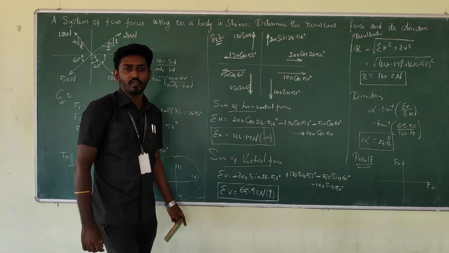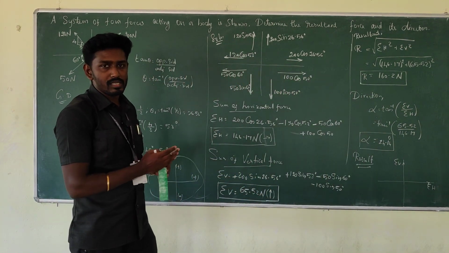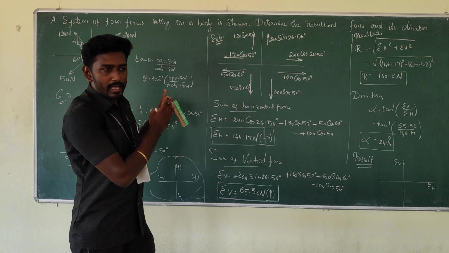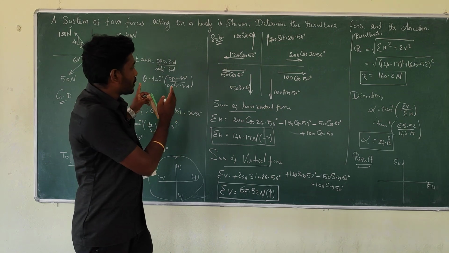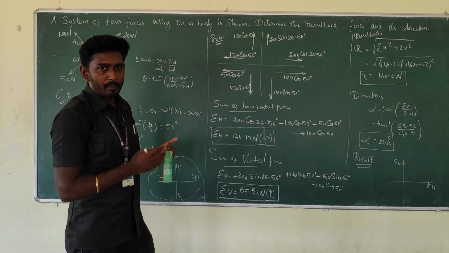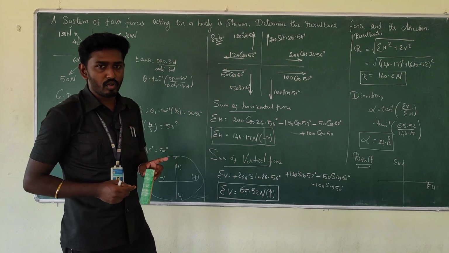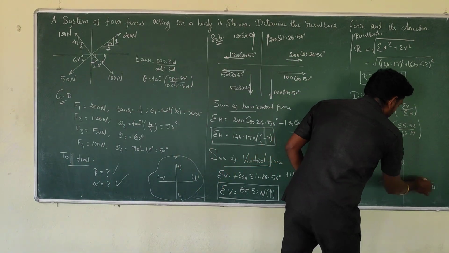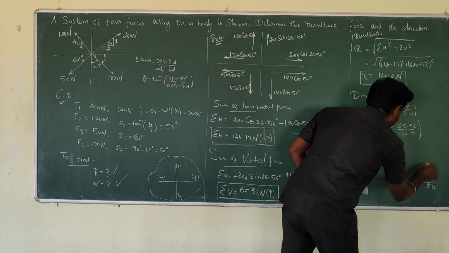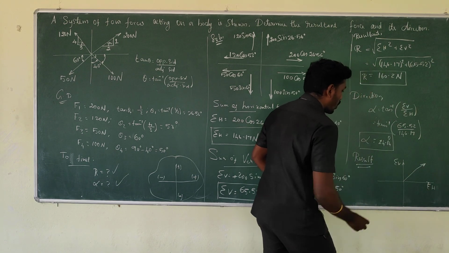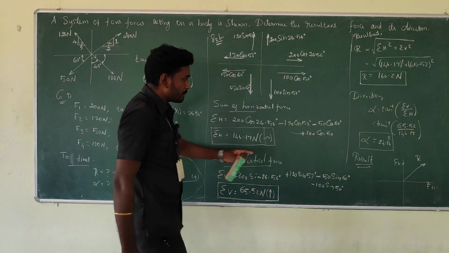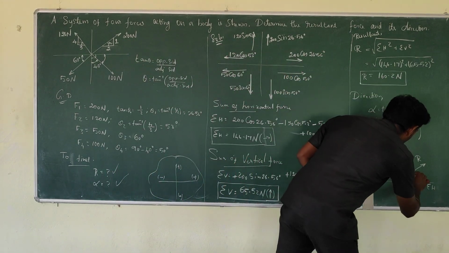What about the resultant force? Resultant force lies between the two forces, and as per the resolution of force concern, between the two forces the resultant force will act, right? So in between these two forces, summation of H and V, I am going to take the resultant force. What is the inclination? We got it as 24.